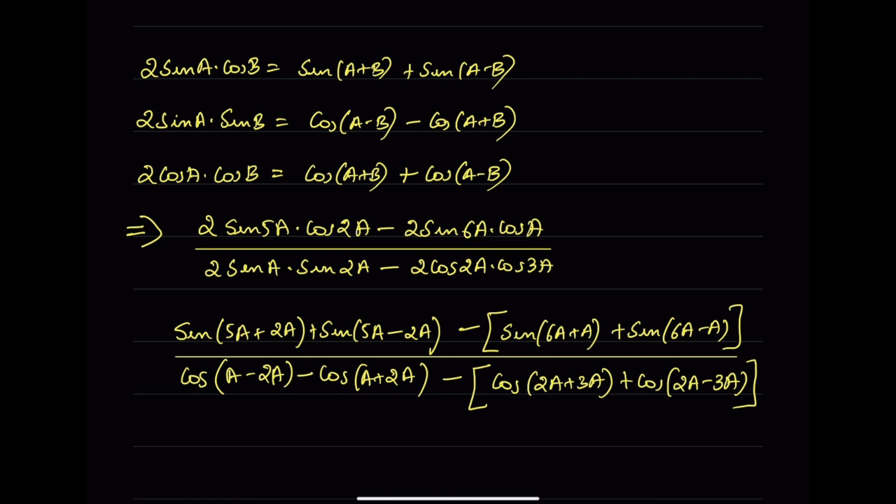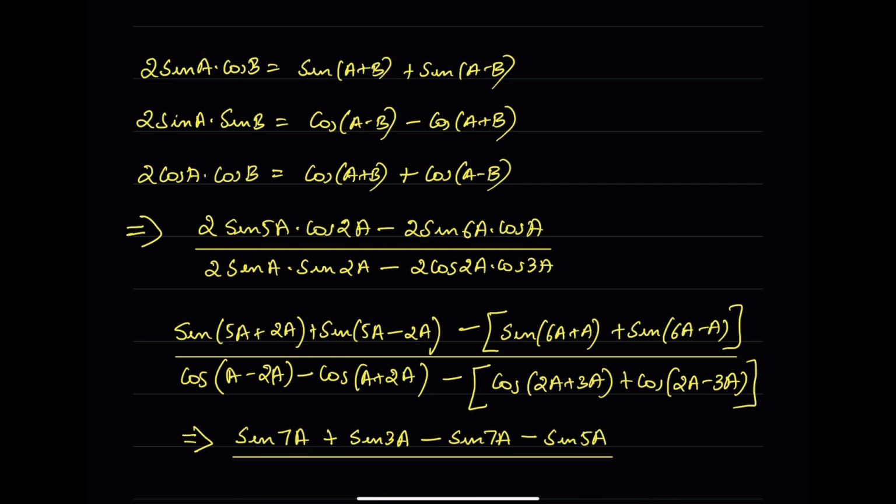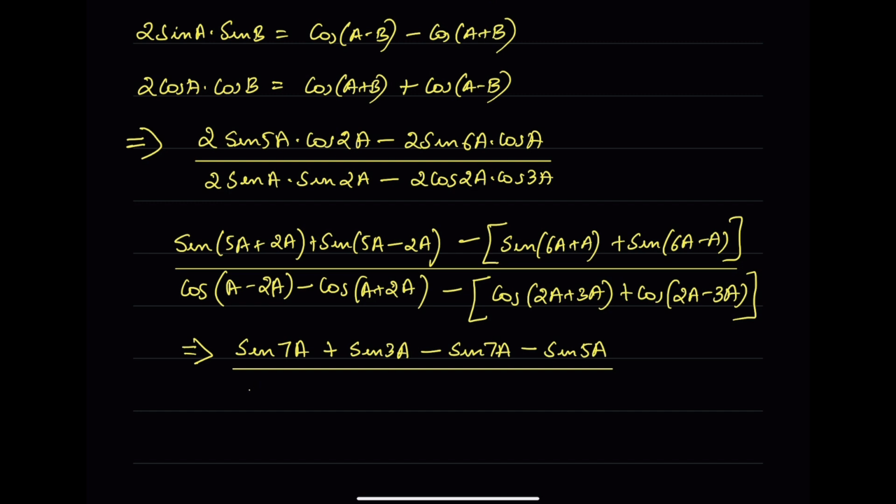Okay, now let's simplify this further. So this will be sin of 7a plus sin of 3a minus sin of 7a minus sin of 5a, this divided by cos of a minus 2a is cos of minus a, which is cos a, minus cos 3a minus cos 5a, and again minus cos a.